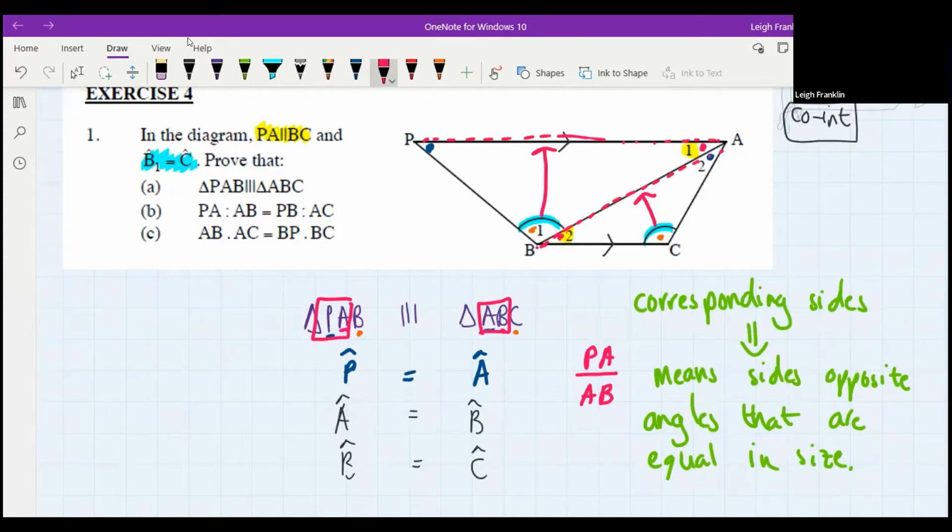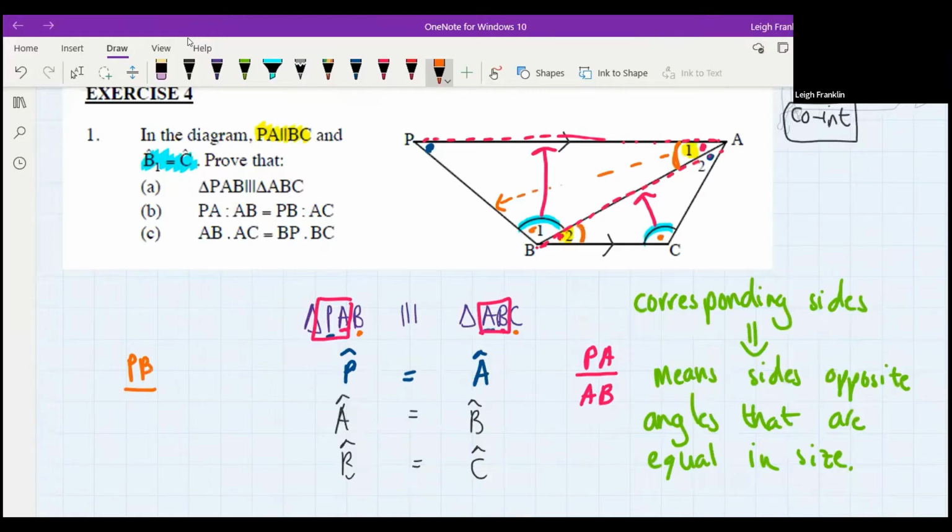Yes. All right, and then over here, if you have a look in triangle PAB, angle A1, this angle over here, it's opposite side PB, isn't it? Yes. Now, what angle is equal to A1 in the other triangle?